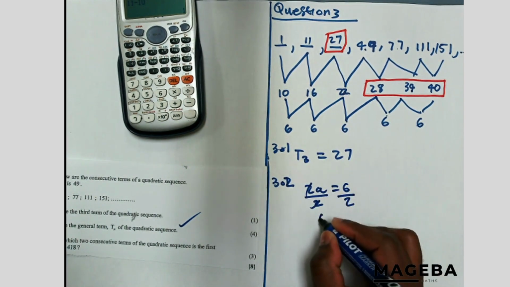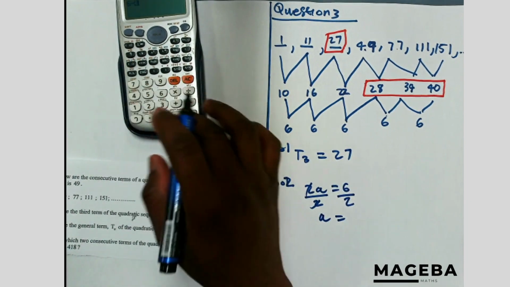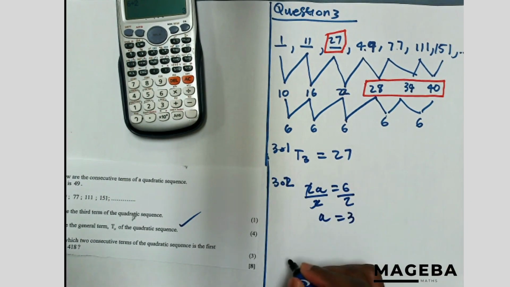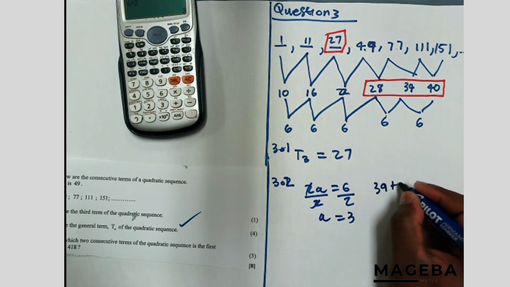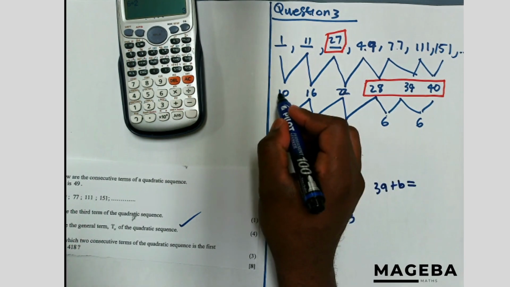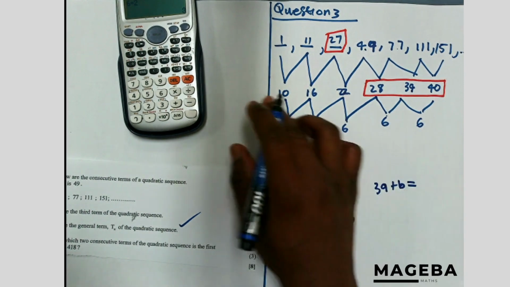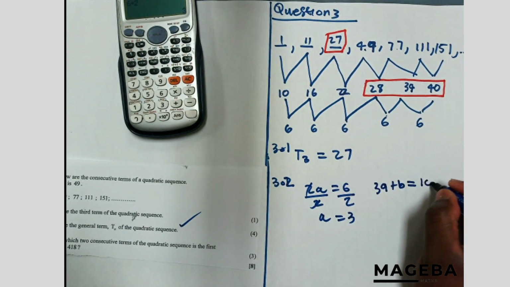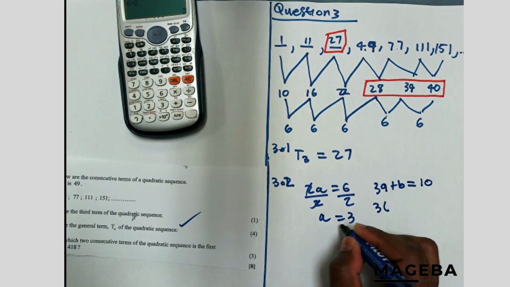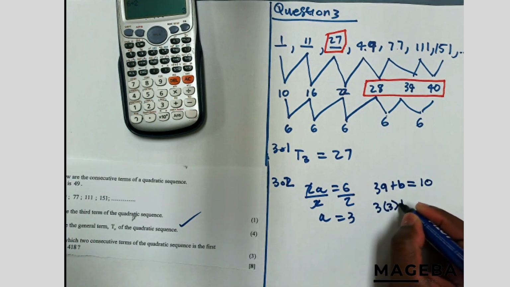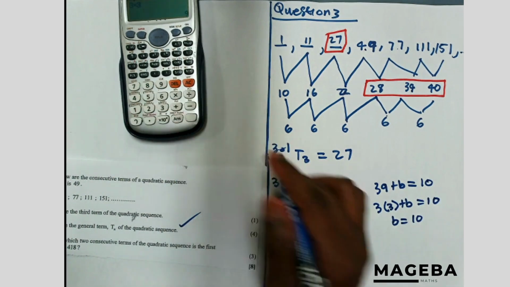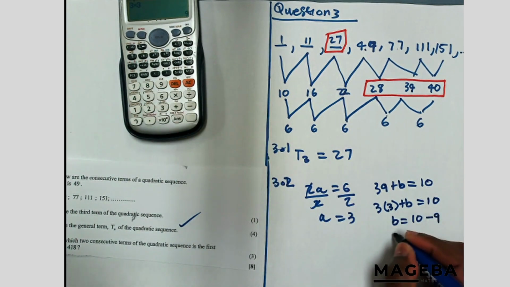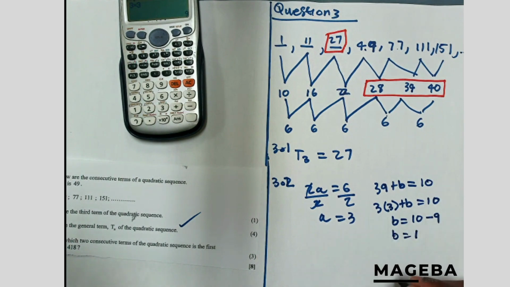We divide by 2, and a is 6 divided by 2, which gives us 3. Then 3a plus b equals the first term of this arithmetic sequence, which is 10. With a equal to 3, 3 times 3 is 9, so b is 10 minus 9, which is 1.